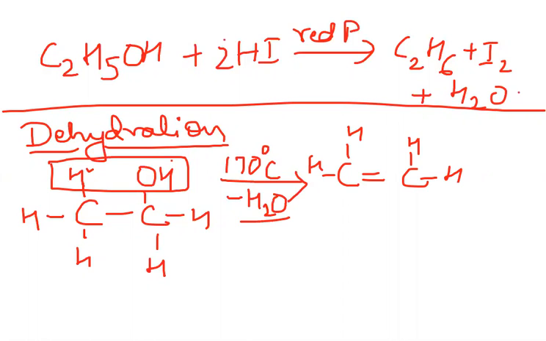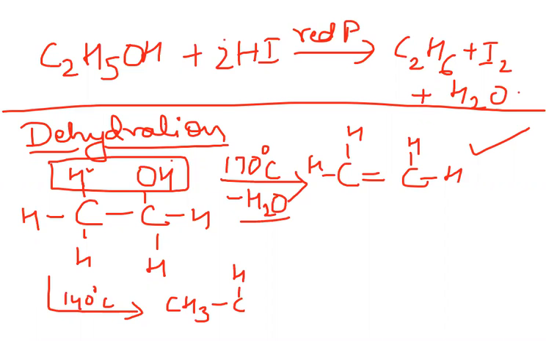So an alkene is obtained, and of course, a water molecule is given out. But if the temperature conditions are less, if it is being carried out at a lower temperature, that is 140 degrees Celsius, this you will study in the ether chapter also, you will find that between two molecules, this was intra dehydration, that is, a molecule of water was lost from within the molecule. But when you are going to take two different molecules, let me show you.